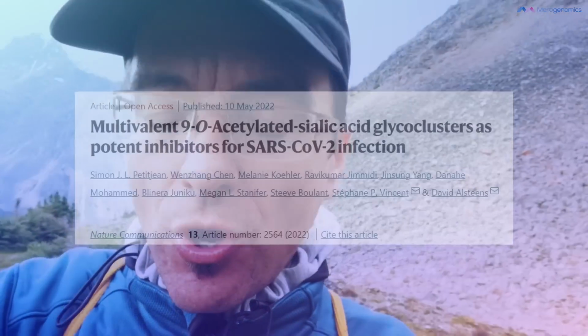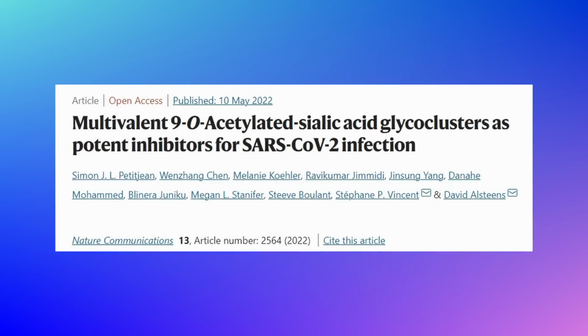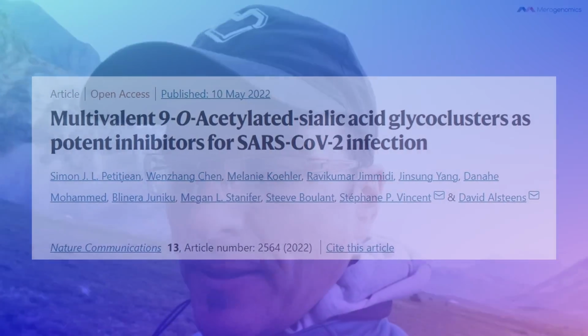And it was of interest to a variety of researchers to see and confirm whether SARS-CoV-2 could be doing exactly the same thing. And one group used a similar approach to show that indeed SARS-CoV-2 does bind to sugar molecules, glycans, that have this type of sialic acid modification that I just mentioned.